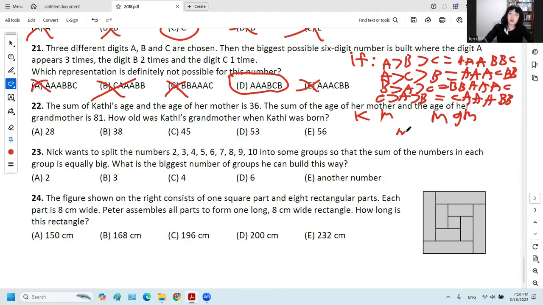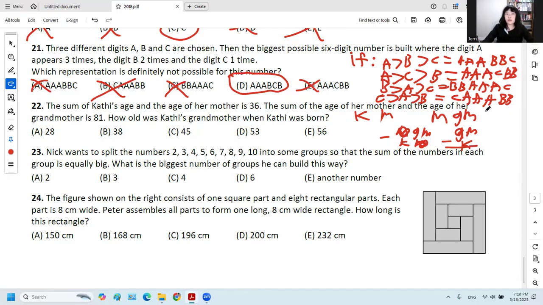If her mother and her grandmother minus her and her mother, then it would just be her grandmother minus Kathy. That would be how old grandma was when she was just born.